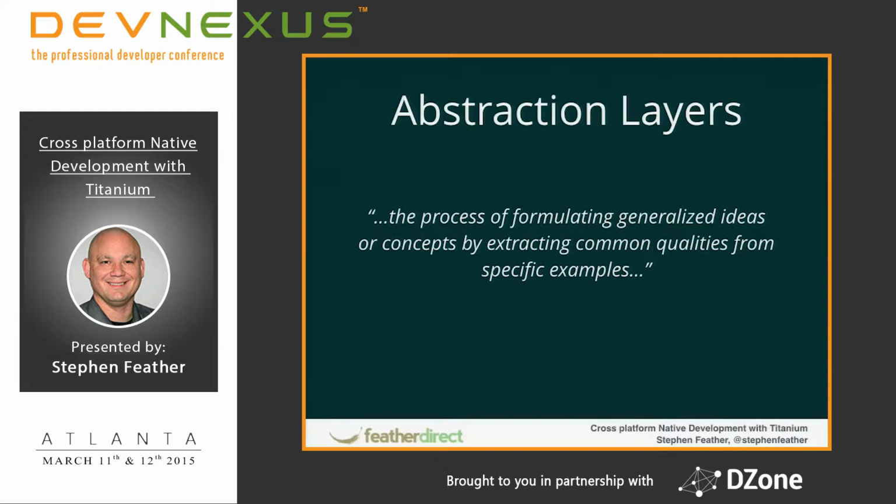The idea of an abstraction is that we take what we know, we have somebody else do the heavy lifting for us, and talk to what we don't know. In this case, you may not know Java, you may not know Objective-C. I'm hoping that if you're in here, you have an understanding of JavaScript. And so what we do is we write against an API that abstracts the native calls on iOS and on Android for us.